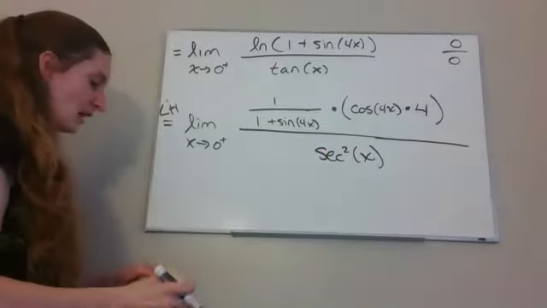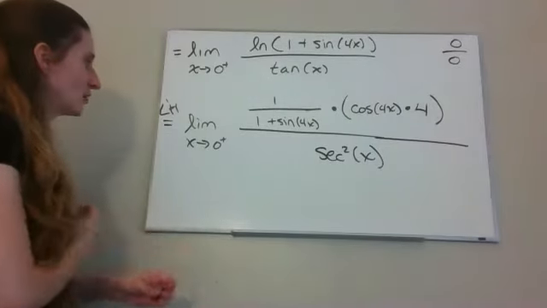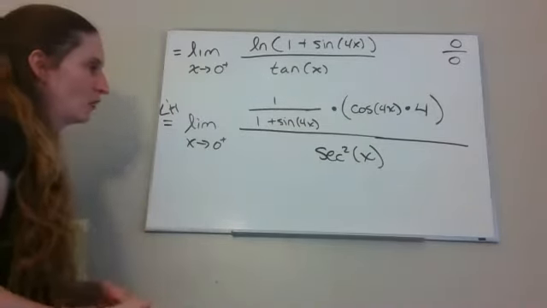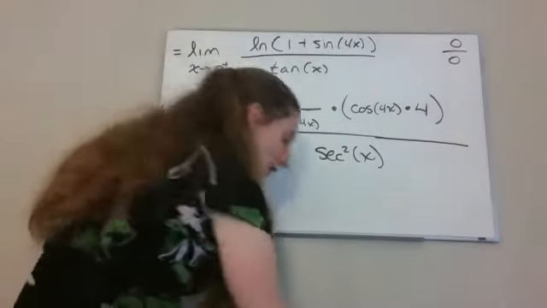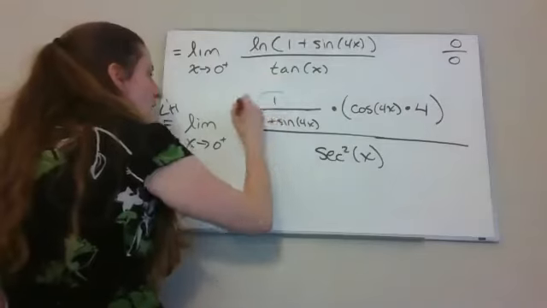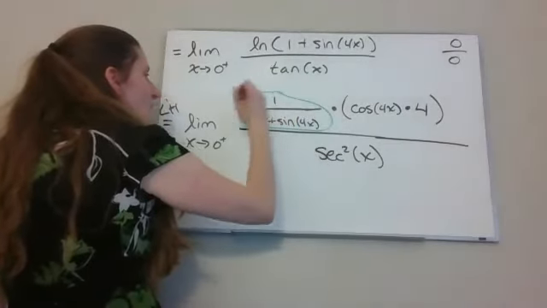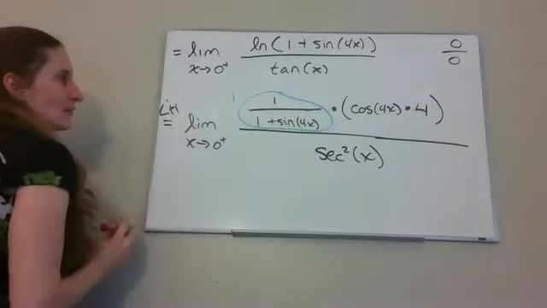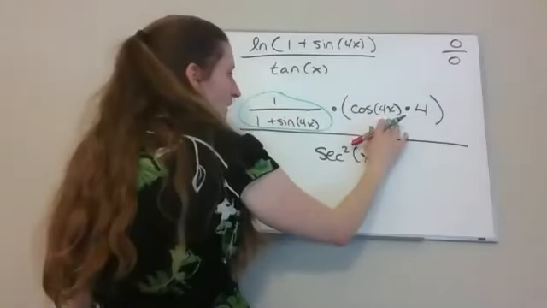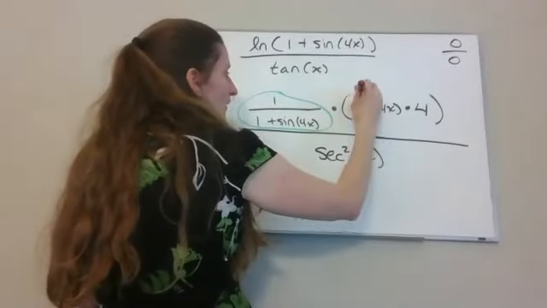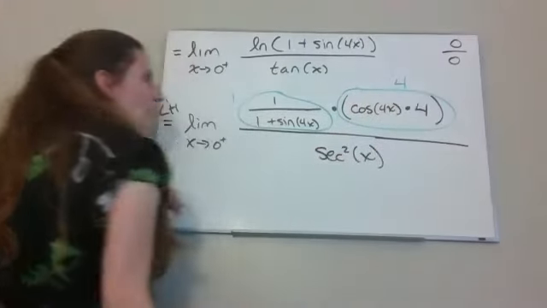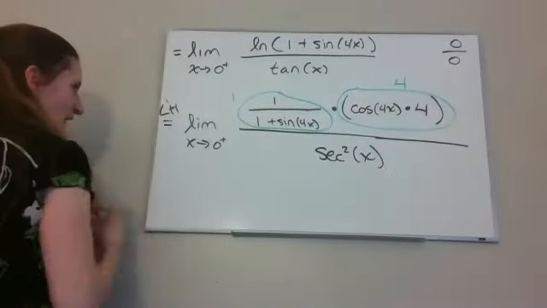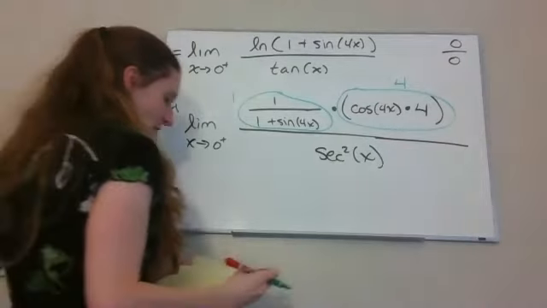And now let's see what happens if we try to plug in 0. Well, I know that sine of 0 is 0. So this whole first fraction here is 1 when I take the limit. Now cosine of 0 is 1. So this whole piece here is 1 times 4, which is 4. And then I have secant squared of 0.